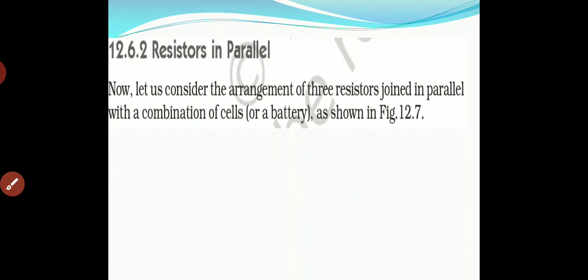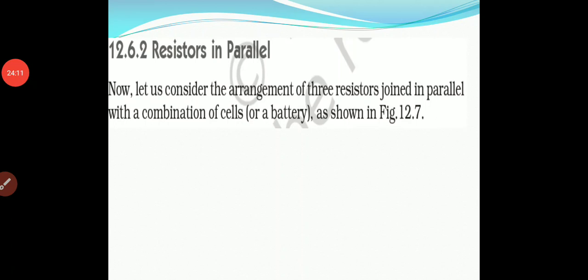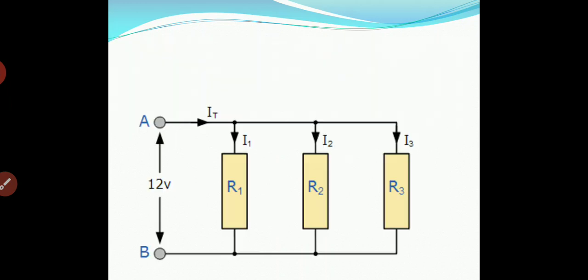Now resistors in parallel. In a parallel connection we will see the resistors. Now let us consider the arrangement of three resistors joined in a parallel combination.